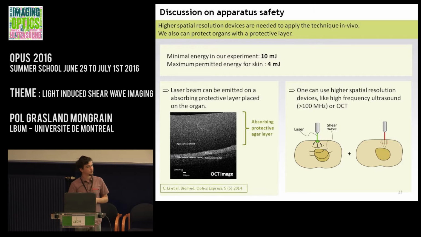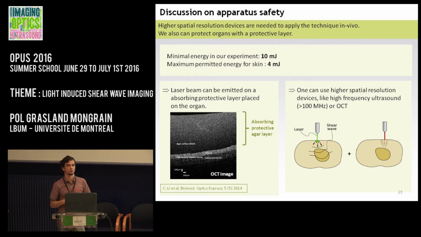With OCT in particular, it could be very interesting because we could use a laser to create the shear wave and a laser to track the shear wave and to make elastography. So it could be a way to have a 100% laser technique to measure elasticity.